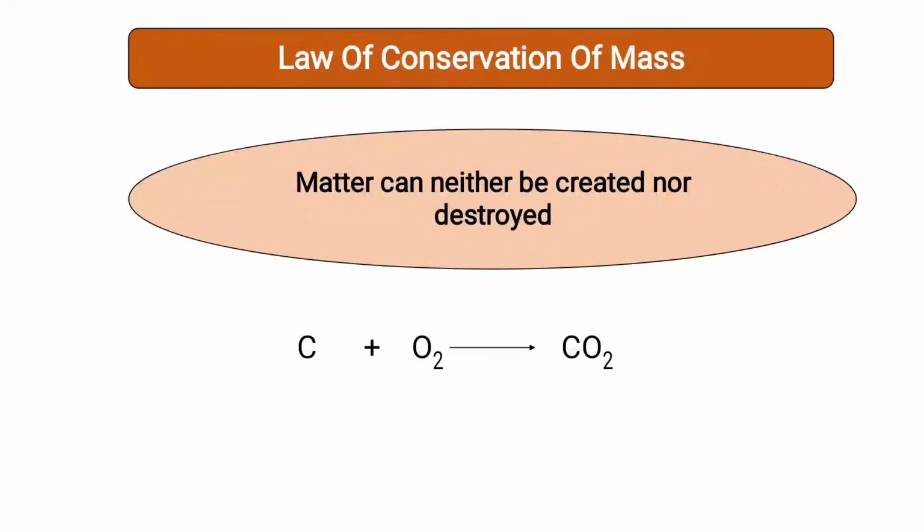We know that reactants will react with one another and give rise to product. And if we weigh the mass of reactant as well as the mass of product before the reaction and after the reaction, their mass will remain the same.